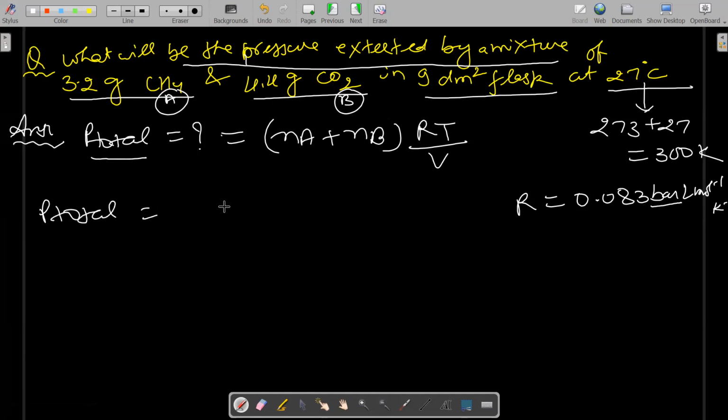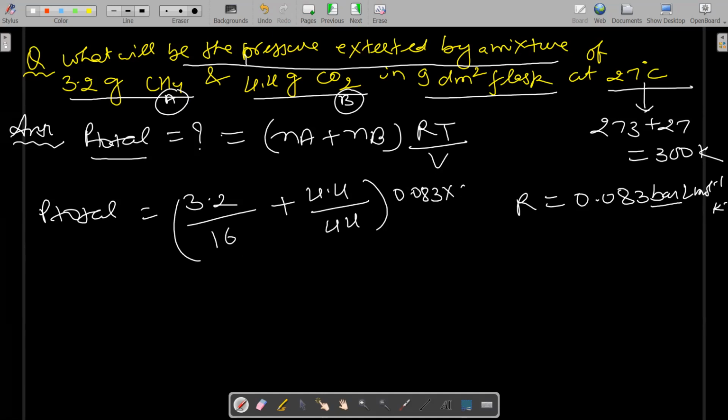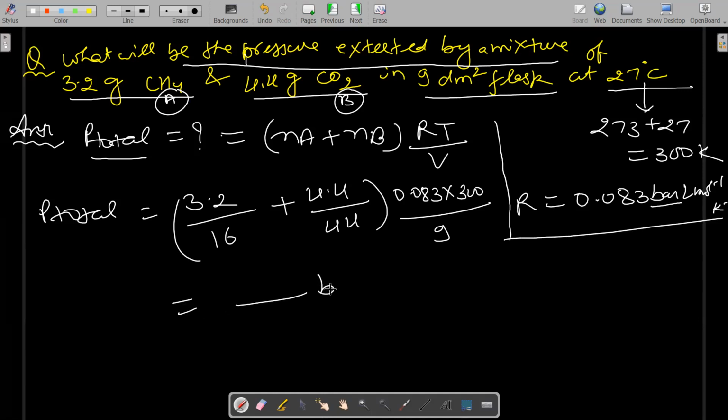P total is equal to the number of moles of methane, that is 3.2 upon 16, plus 4.4 upon 44, that is Na plus Nb, and then you write all the values over here: 0.083 into 300 Kelvin upon 9 liters. And whatever answer comes, you write in terms of bar.